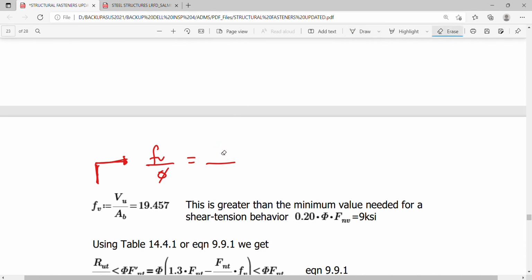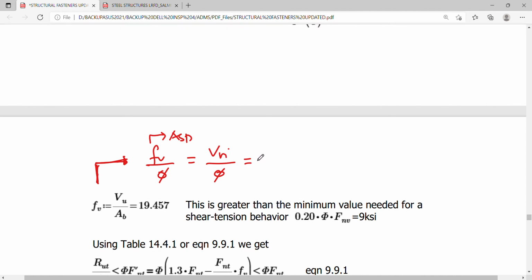So since FB is an ASD variable here, we use a VN over phi there. But Vn is simply equivalent to V over phi.